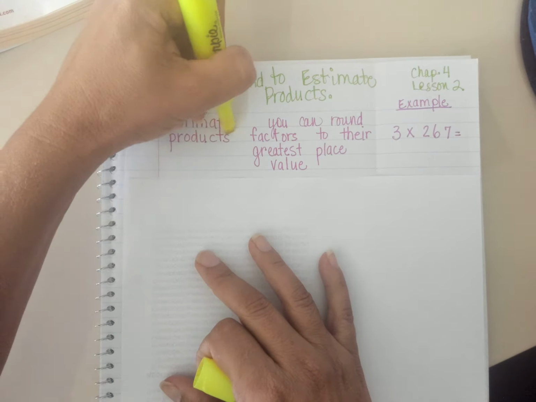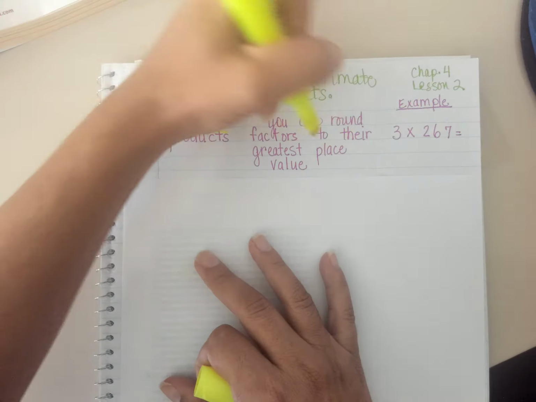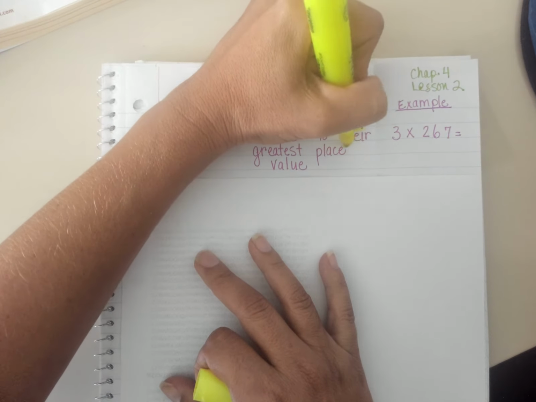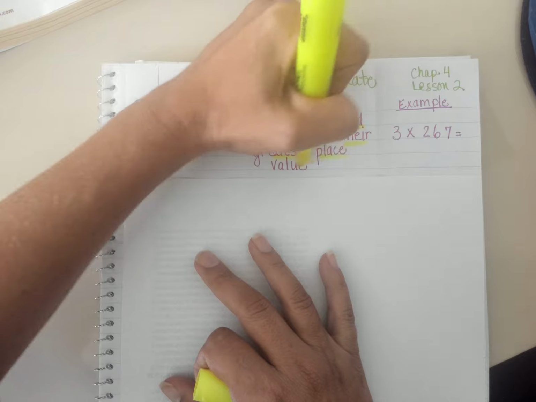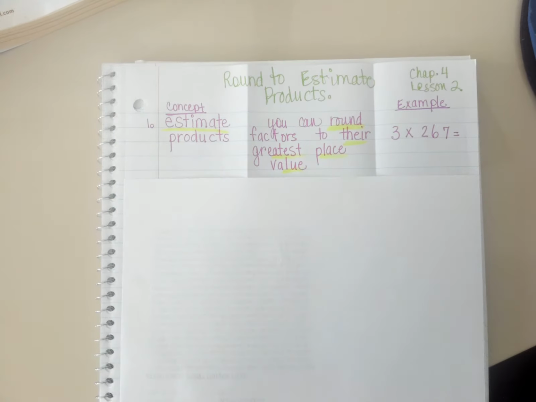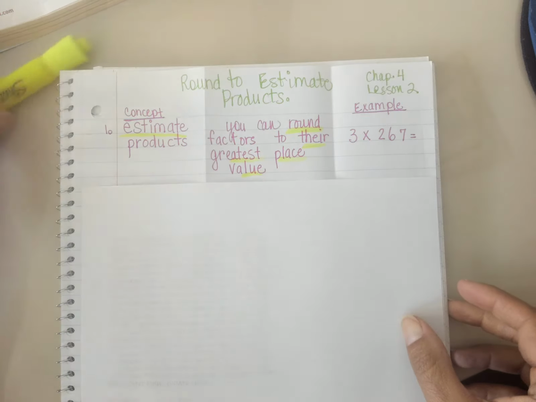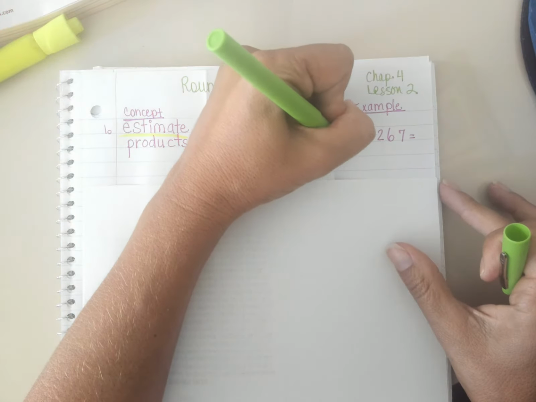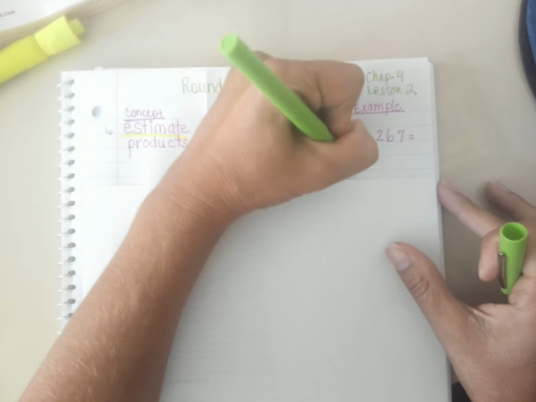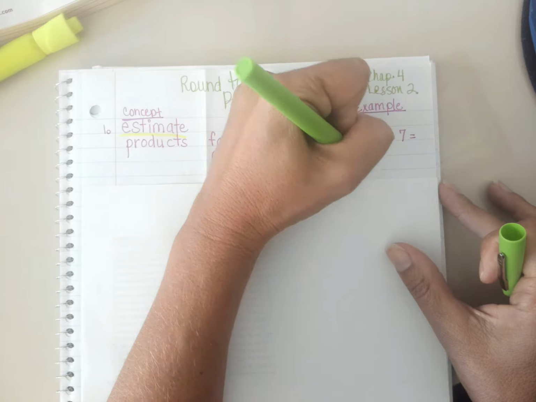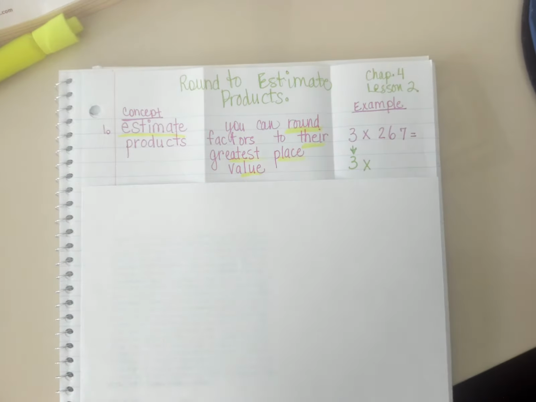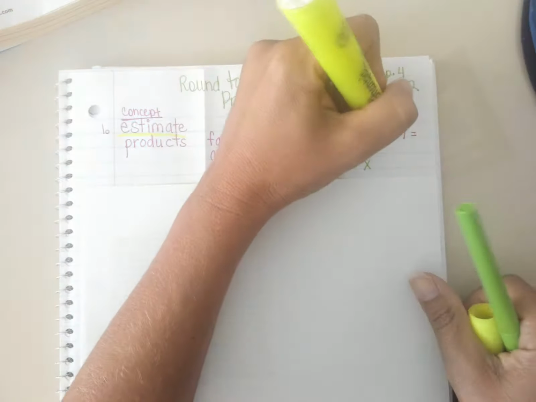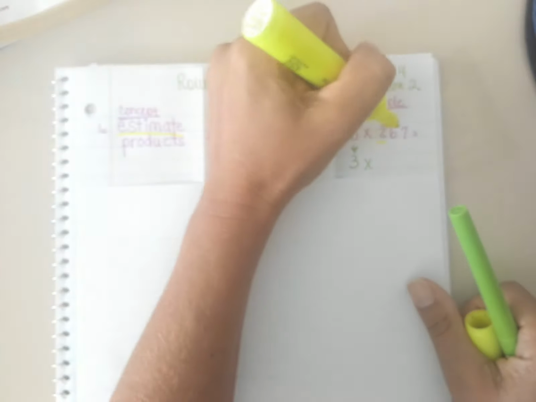So when you estimate, you round, and in this lesson, you're going to round to the greatest place value. Three is by itself, so it's going to stay the same. But we're going to take a look at the greatest place value by looking at the neighbor to the right.